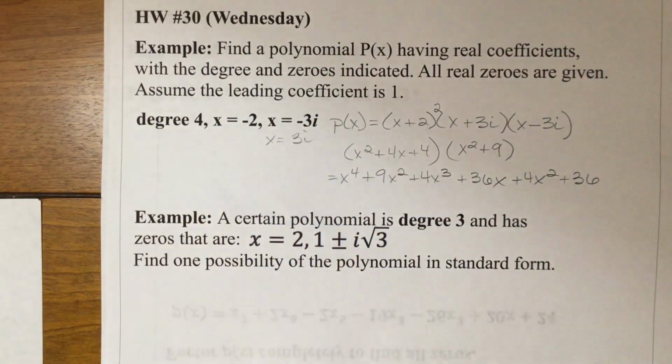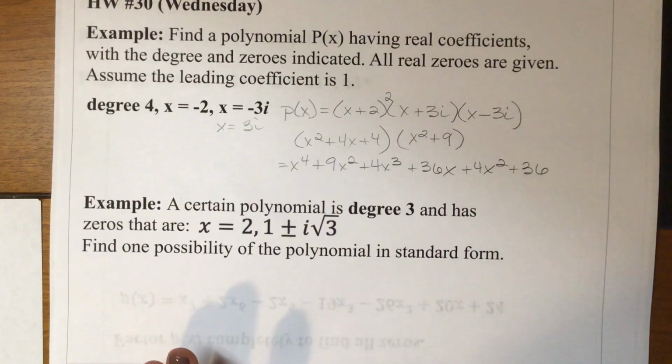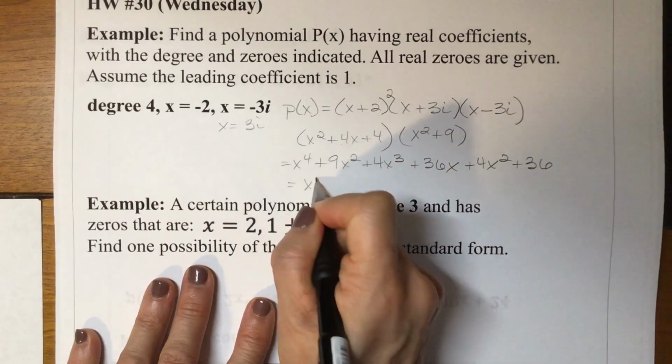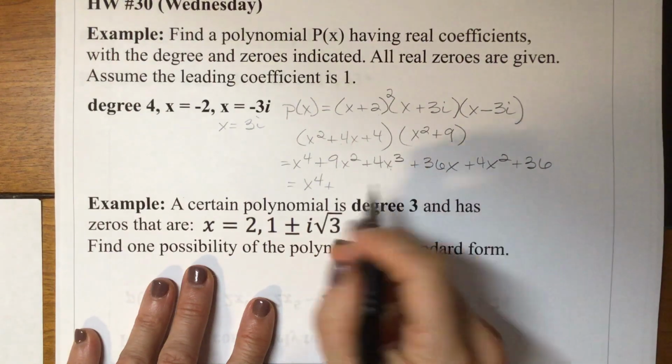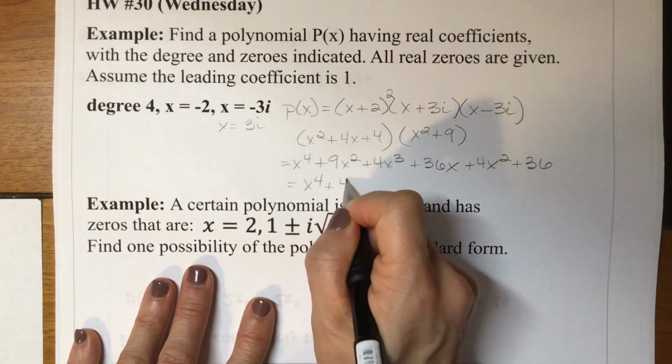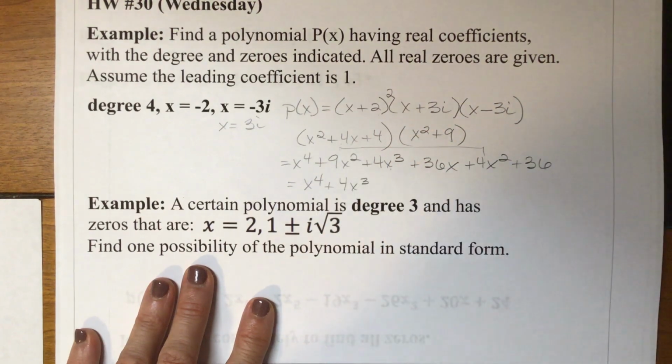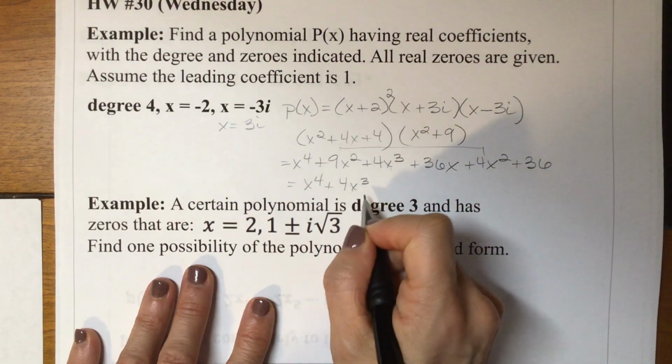And then I would need to combine any like terms and put it in standard form, which is highest exponent to lowest. So right now I have x to the 4th. I only have one x cubed there, so 4x cubed. I have 2 x squareds, so I'm going to combine those.